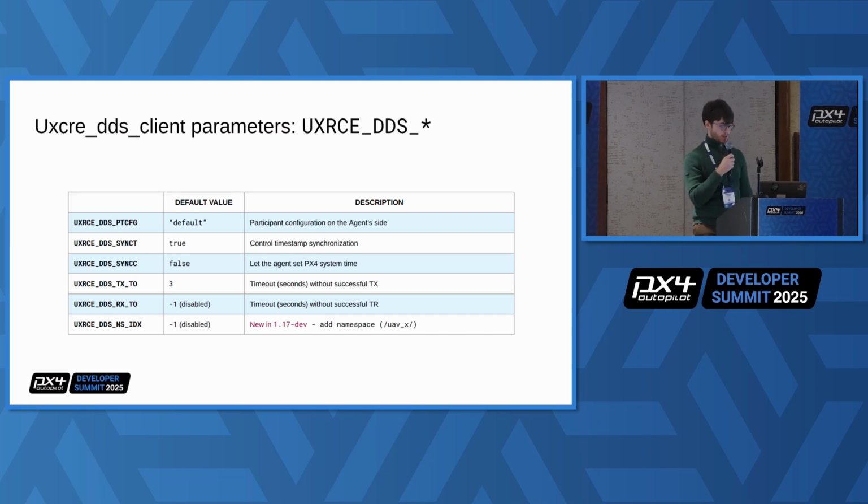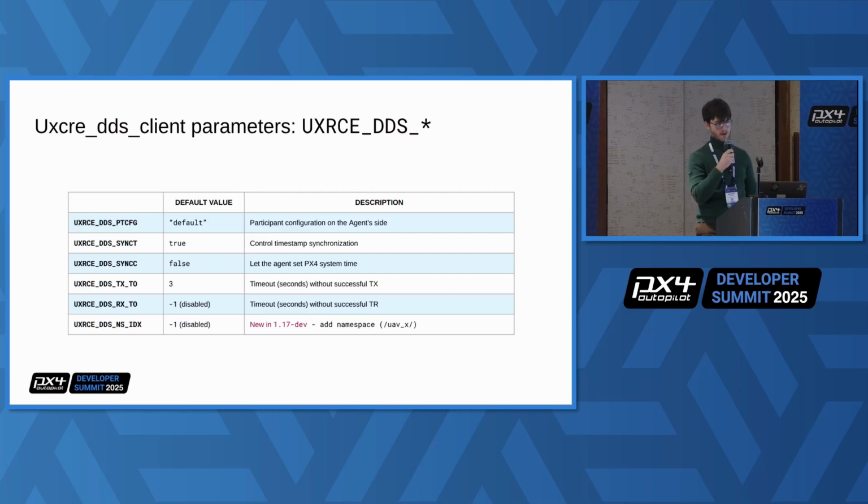More advanced parameters are the participant or client configurator. Currently, it has only 3 values. The default one, and most of you only use that one. But you can also set it to localhost if you don't want anything to be broadcast outside the host where the agent is running. There is a third value which is external.